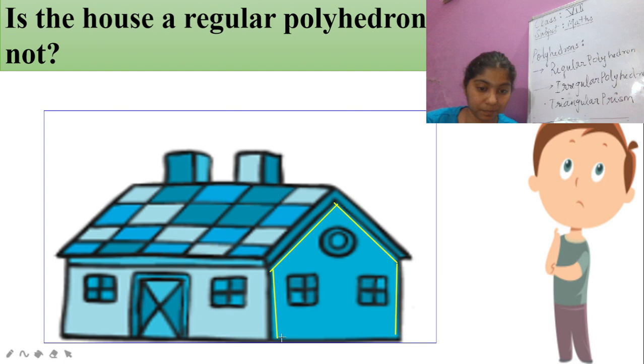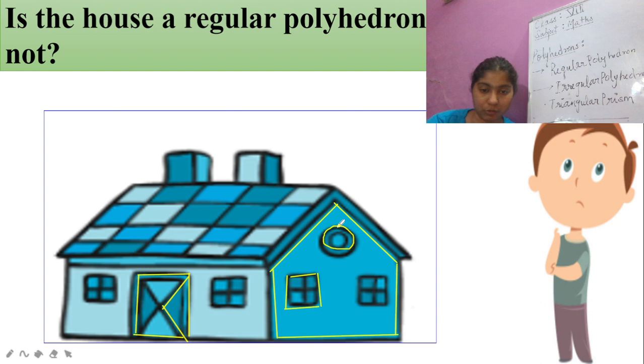Circle, all the shapes are there. Triangle. Okay, so I will circle out a circle. So these come under an irregular polyhedron, not a regular polyhedron. Okay, so this is irregular.